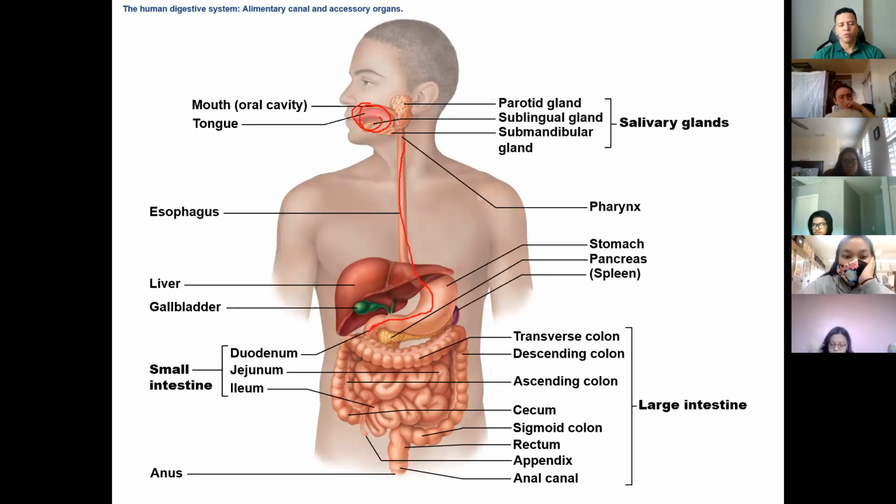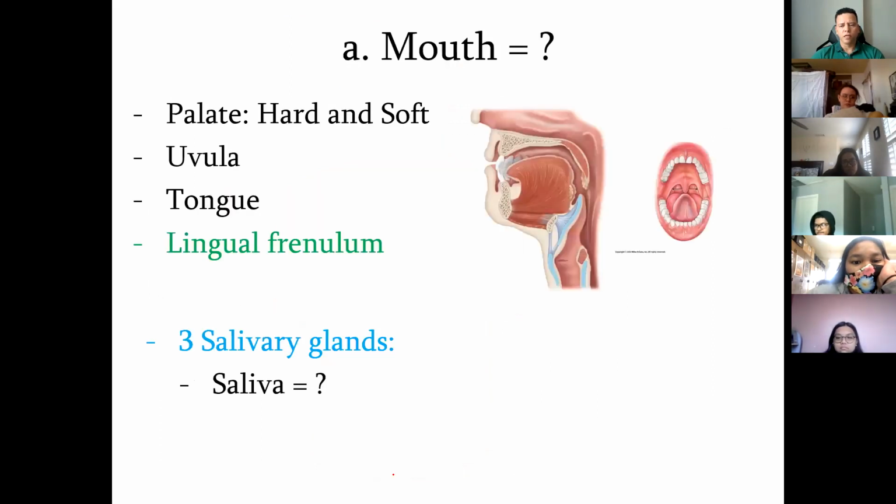The first one is the duodenum. Then we have the jejunum, and then the ileum. After the ileum, we enter the large intestine, which is subdivided into several different regions. We have the ascending colon, the transverse colon, the descending colon, sigmoid colon, rectum, and anus. Okay? Let's go over each one of these in more detail.